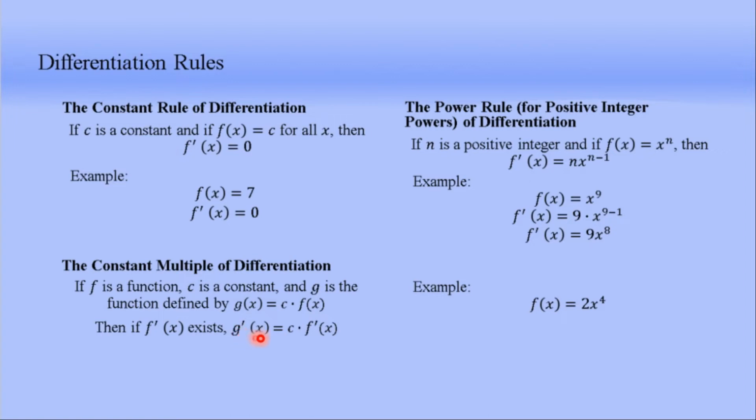The derivative of g equals c times the derivative of f of x.